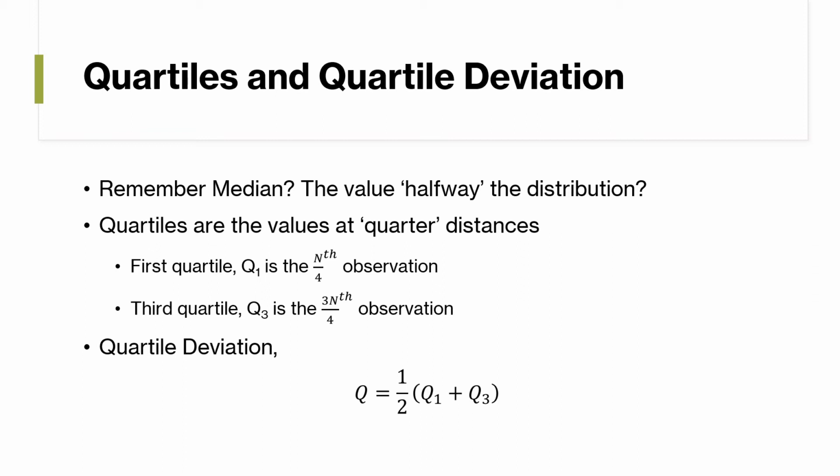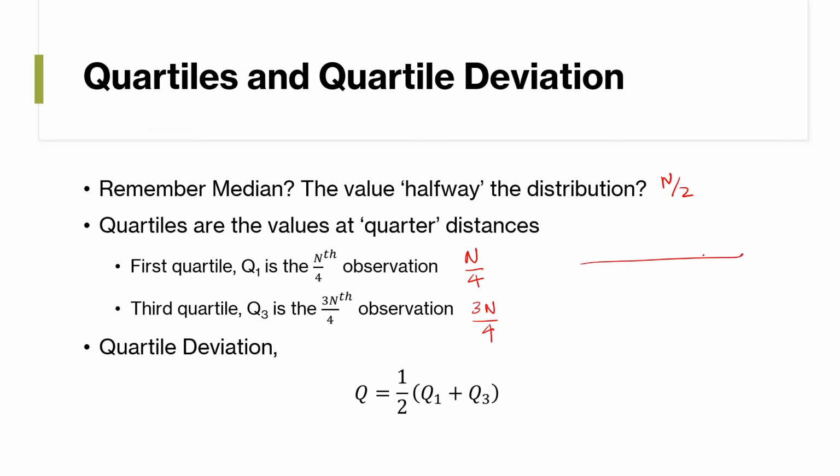Median was the value in the center. In this case, to calculate quartiles, we are finding the quarter values. Median was the n by 2nd value. Here, the first quartile is the n by 4th value, and the third quartile is the 3n by 4th value.